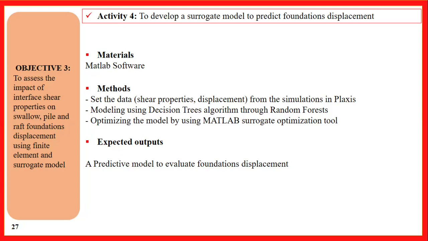You can even say to determine the impact. The word I want you to remove is assess. Instead of assess, let's use the word determine, because assessment is a very general objective. You can even say to determine the effect.